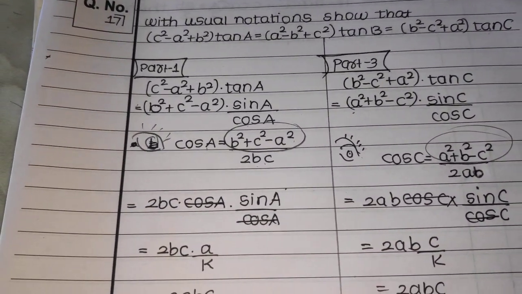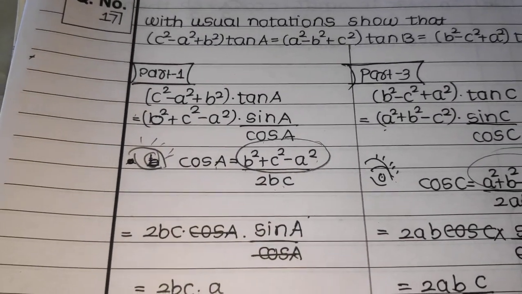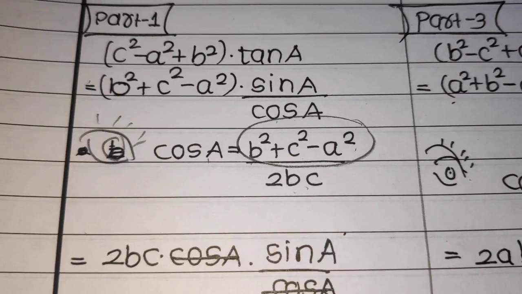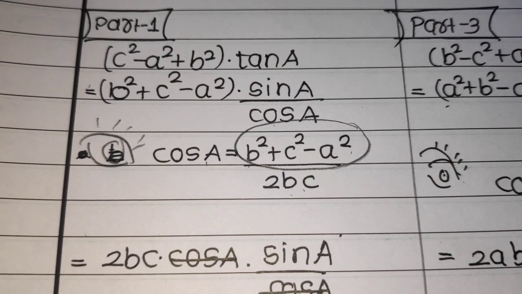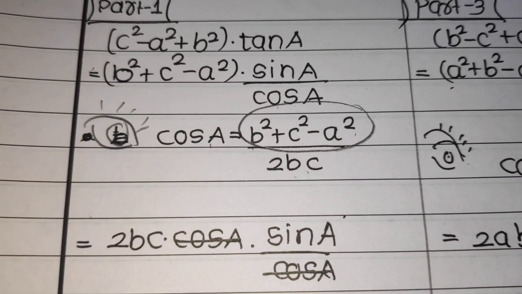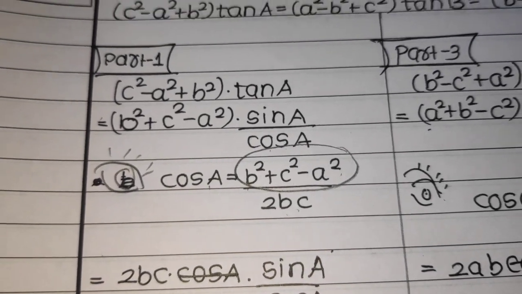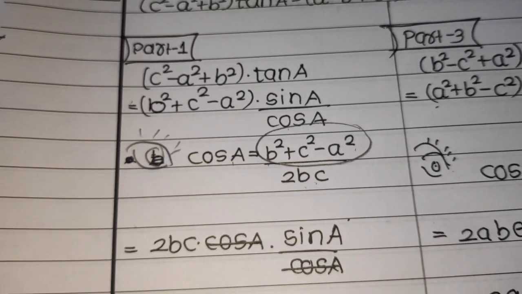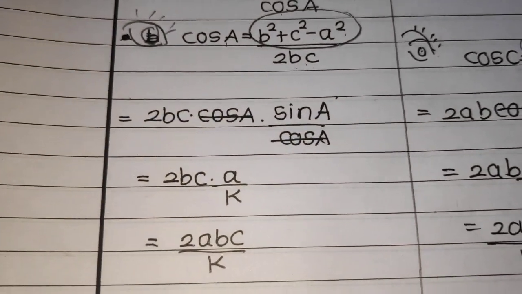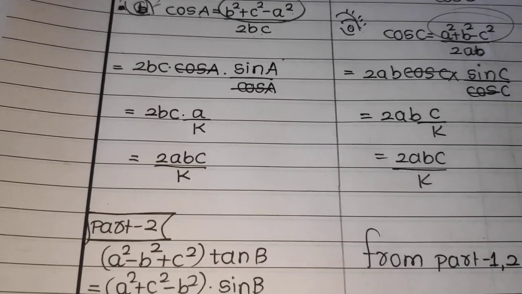I have just disturbed the steps of the question and written the transformation formula from the cosine rule. So cos of a is b square plus c square minus a square upon 2bc. Now if I observe this, I get 2bc cos a, so both cos of a get cancelled and we are left with 2bc upon a by k. That is nothing but 2abc by k.